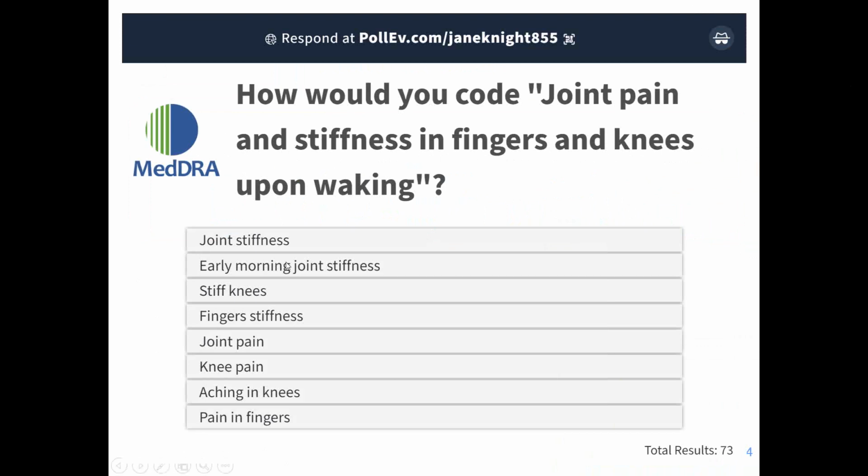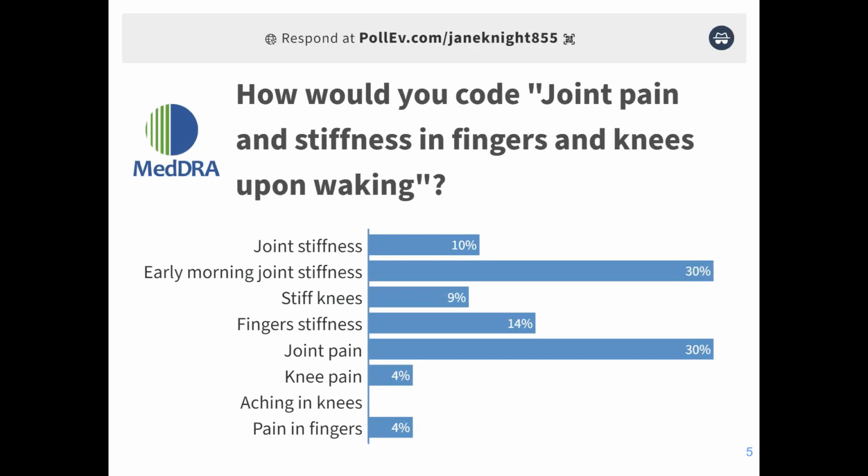So here are the terms that you can choose from: joint stiffness, early morning joint stiffness, stiff knees, fingers stiffness, joint pain, knee pain. Aching in knees would capture plurality so that both knees are affected, or pain in fingers. What would you do? I see many votes already. So let us see what you have decided.